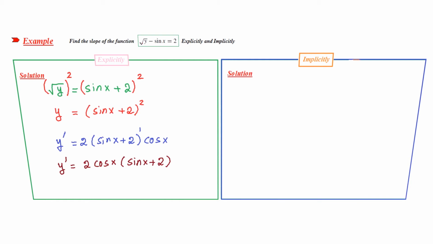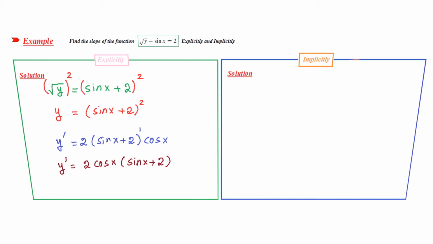For the second part, implicitly, we don't need to rewrite the function in explicit form. You have to take the same function and start to find the first derivative directly, without any modification or change of the original function.